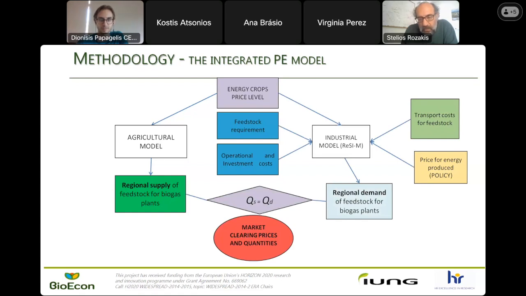The industrial model generates the demand in the region of study for feedstock from the biogas plant side. The supply and demand are matched, and then the market clears, giving prices and quantities. So our integrated model basically accommodates the agricultural model and the industrial model.